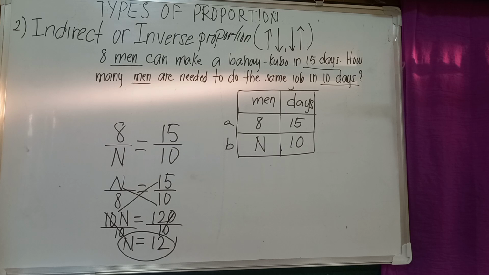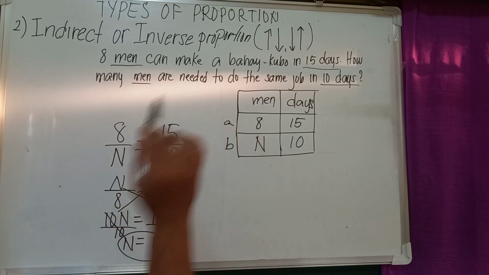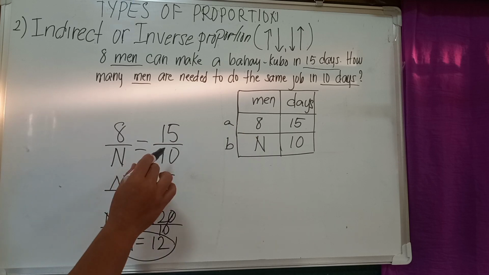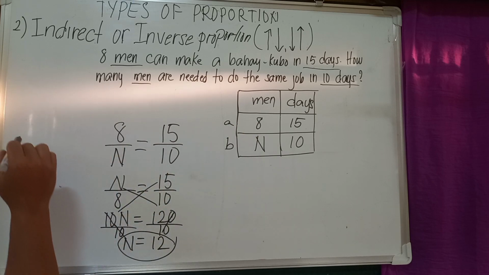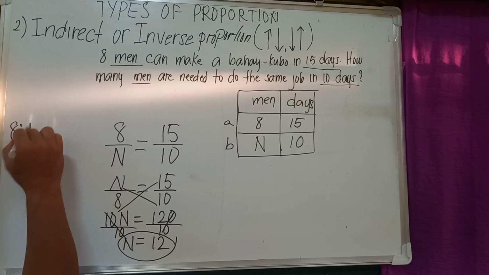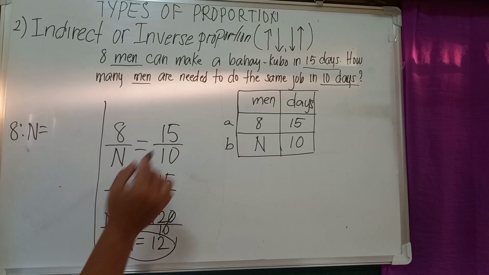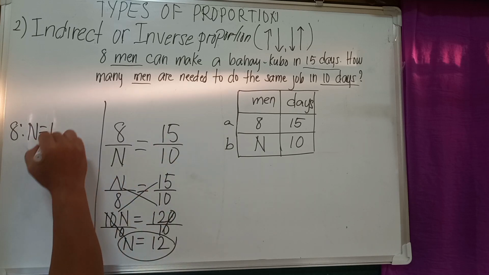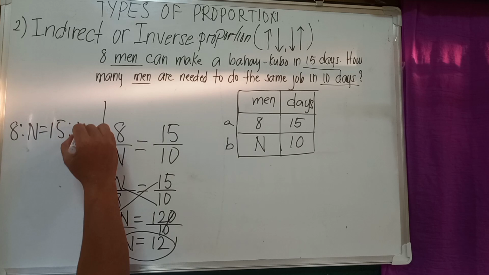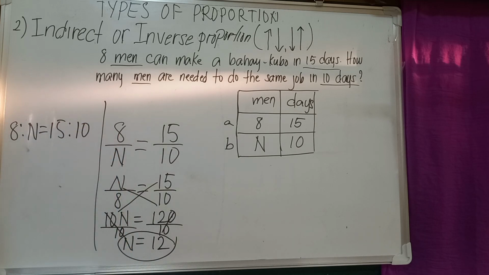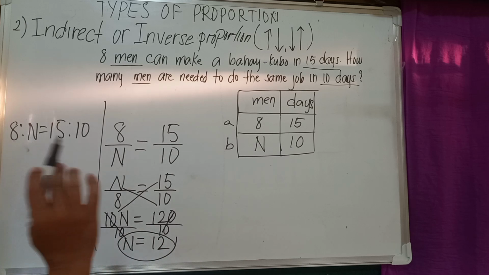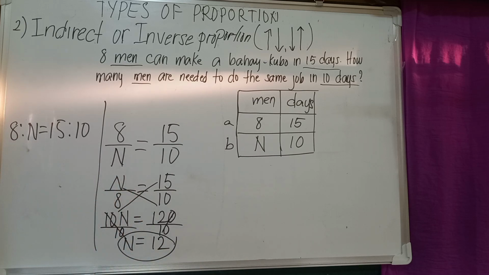Okay. Now, gamitin naman natin yung ating colon form. So, we have 8 is to n equals 15 is to 10. Kaya ng sinabi natin kanina, hindi pa yan yung ating final setup ng proportion.